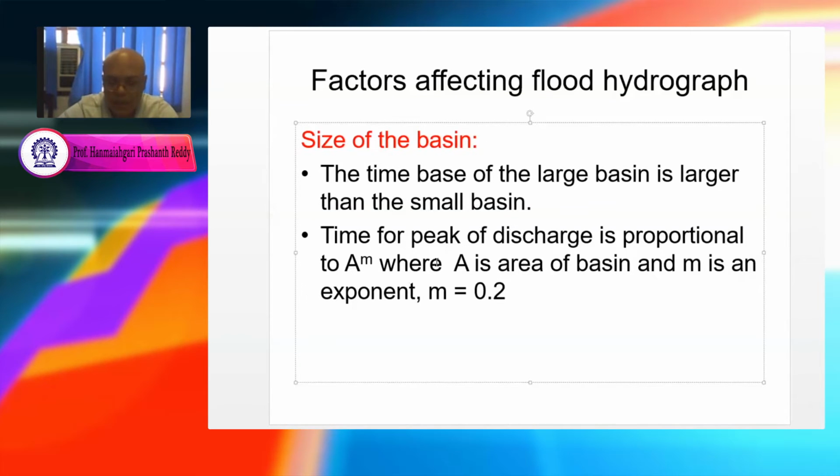The relationship obtained is time for peak is proportional to A power m, where A is the area of the basin and m is an exponent equal to 0.2. So if the area of the basin is small, then the time for peak is quick, because m is equal to 0.2.